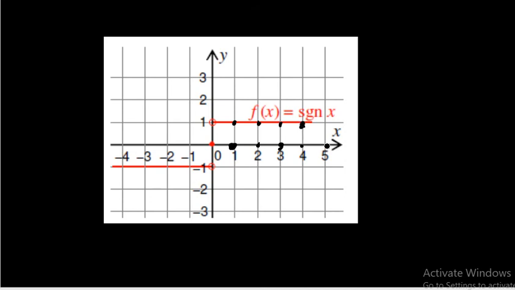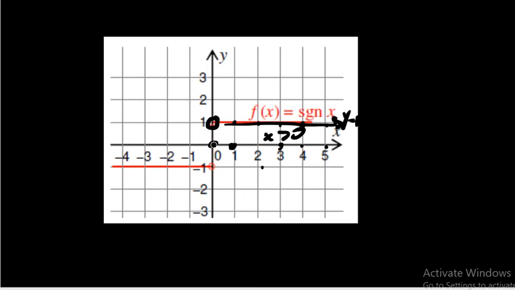For 4, 5, again 1. So the graph is always a horizontal line, y equal to 1, for x greater than 0. But it has a hole, as you see here. That means the point (0, 1) is not part of the graph. But for any positive real number, the graph will be constant, y equal to 1.